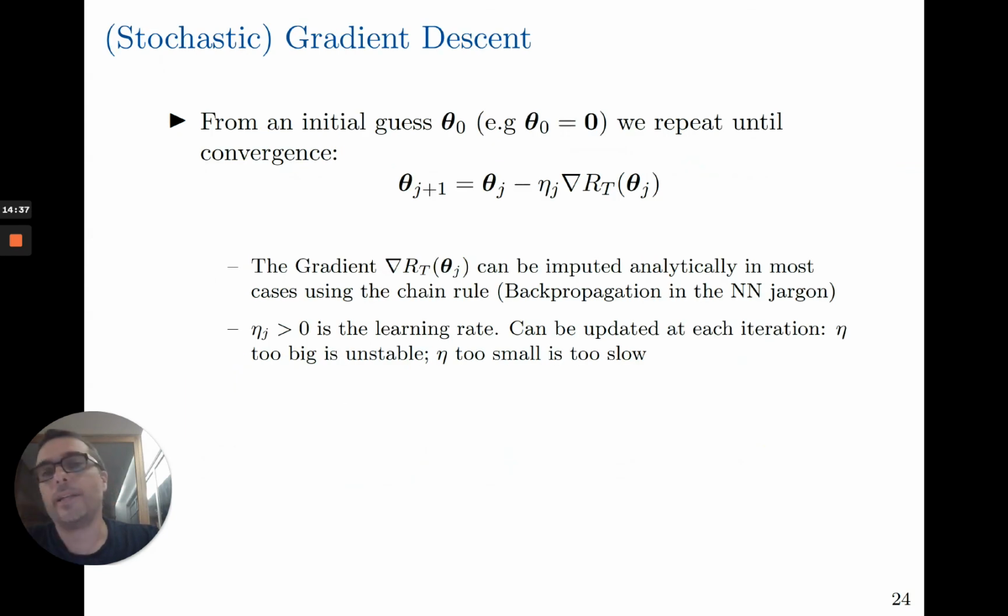And what's gradient descent or stochastic gradient descent? We update at every iteration. The new vector of parameters is the previous one minus a step that's proportional to the gradient. That's what's called back propagation, another fancy name for something that has been known for centuries.